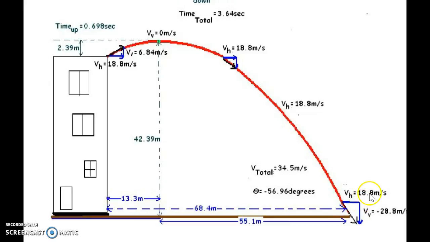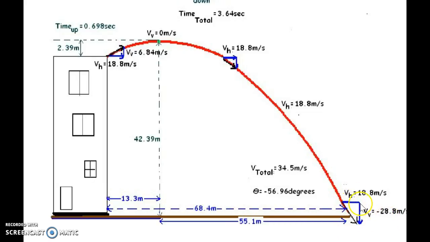You'll notice the horizontal component of 18.8 never changed. 18.8 here, 18.8 here, 18.8 here, always 18.8 meters per second horizontally. The vertical changed like crazy. It was initially upward, then it was 0, then on the way back down, it's accelerating. So right before it hits the cat, it's going 28.8 meters per second right here.